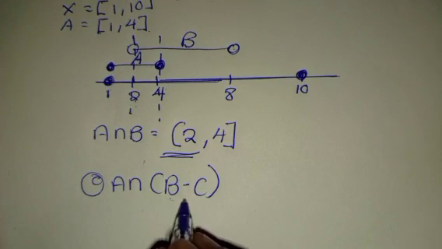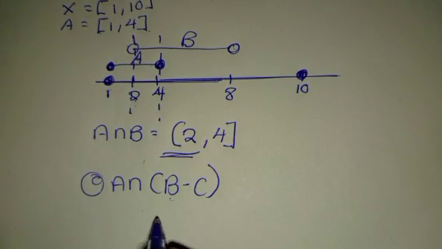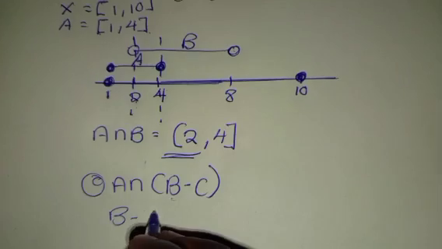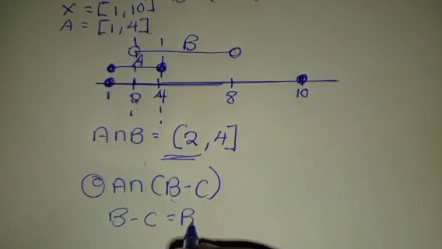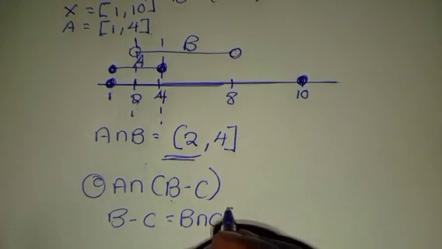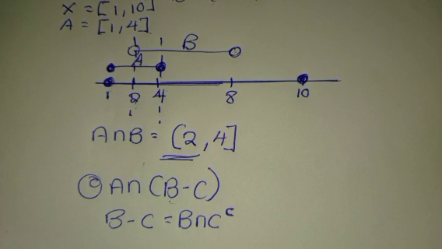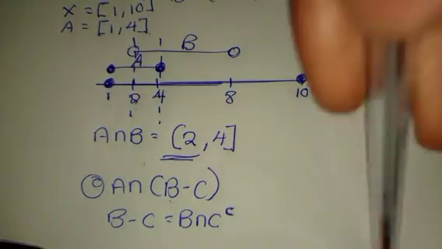Let us first interpret what B minus C means. So B minus C simply means it is B intersection C complement. So this is what B minus C means. Then immediately now we have this. So let us now draw the number line so that we understand more.